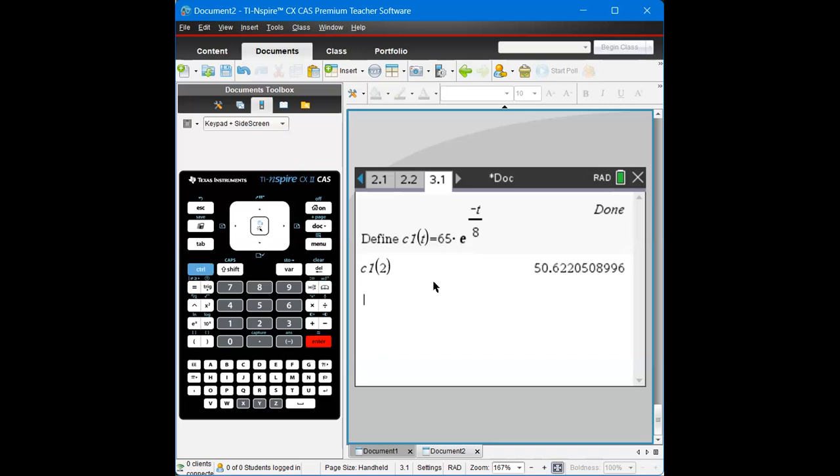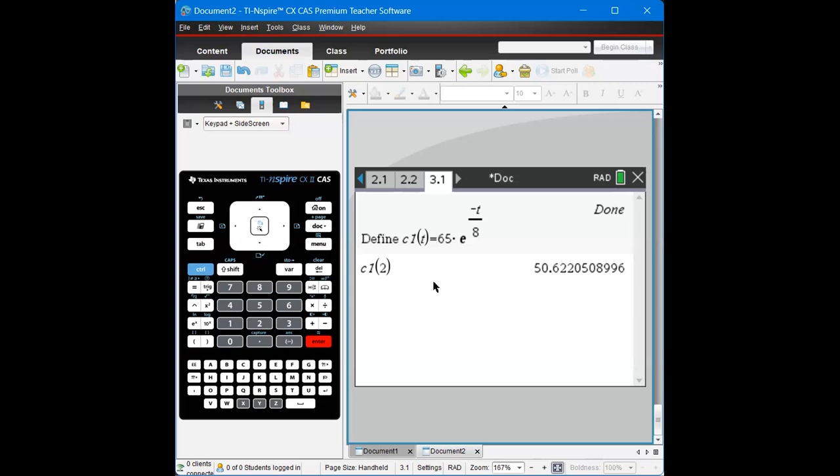Give your answer correct to 1 decimal place. So the answer should be 50.6 milligrams, okay?